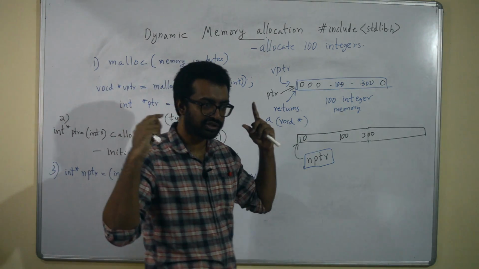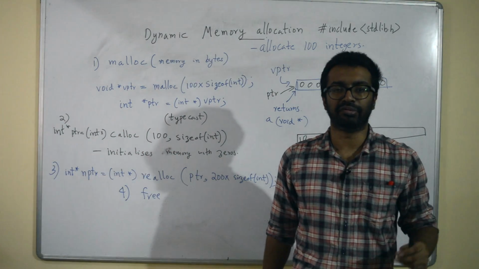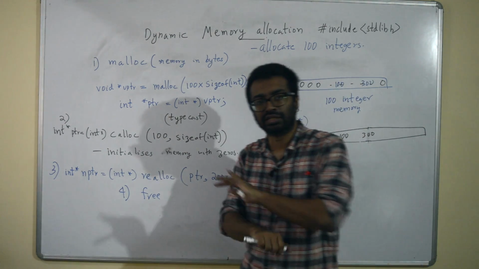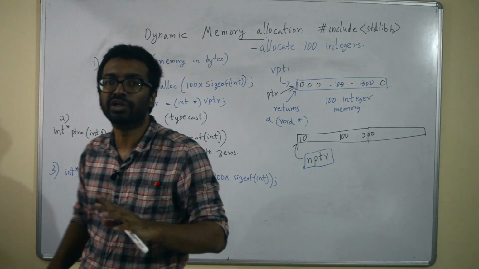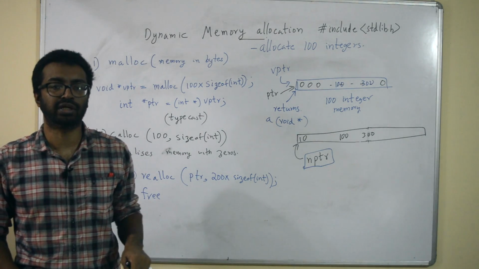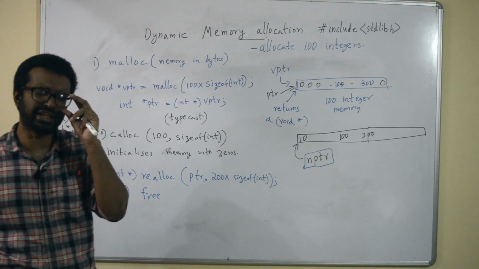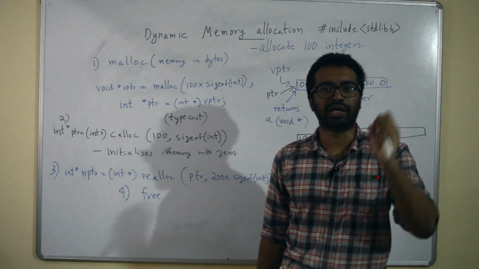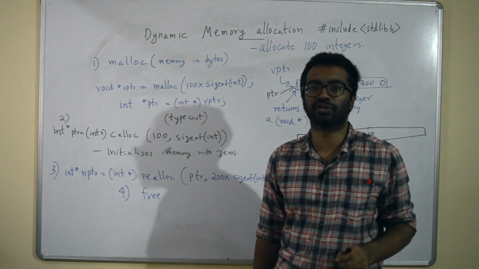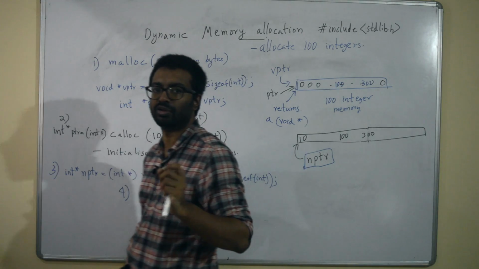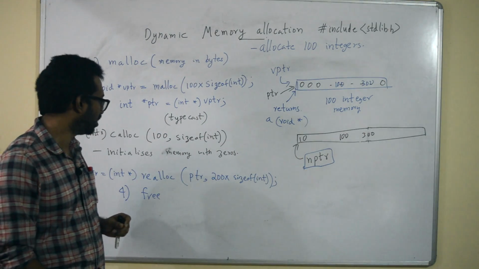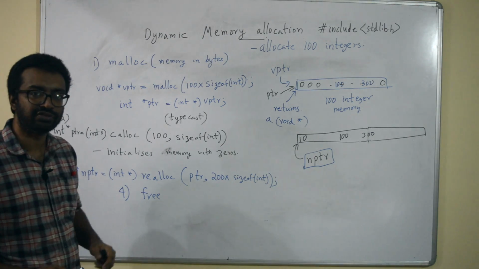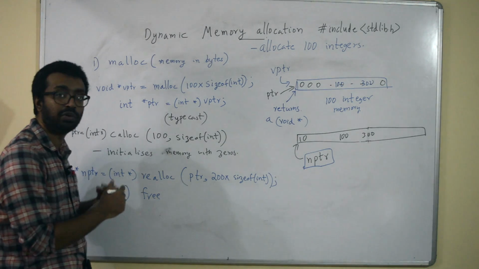As soon as you are finished using this memory location, as soon as you don't want it again, you need to free the space. This is very important: everything you allocate should be freed before you exit the program. So you have to free this by calling the function free with the pointer which you want to free.